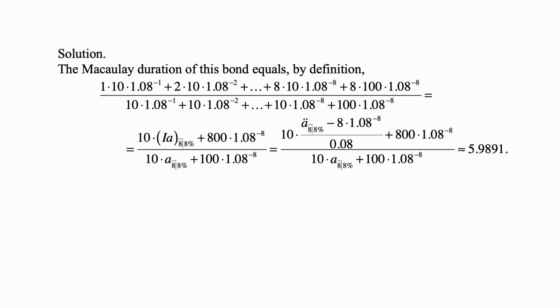The top, we use the formula for IA angle 8, so this becomes 10 times A double dot angle 8 at 8% minus 8 times 1.08 to a negative 8 over 0.08, plus 800 times 1.08 to the negative 8. There we keep this. And then the bottom, as I said, is the price of that bond. And we can calculate it now, and becomes approximately 5.9891.